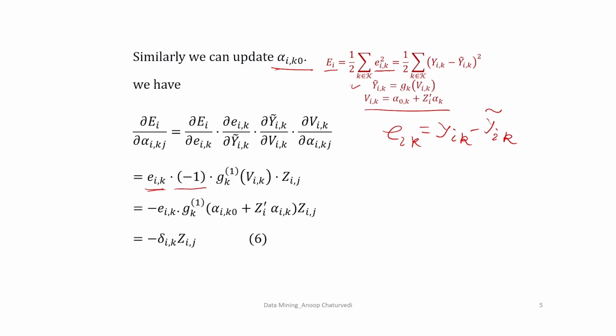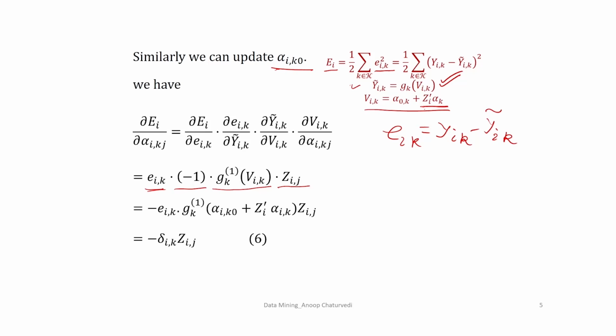Then ∂ỹ_ik/∂v_ik, we use this relationship. So, you get the first derivative of g_k at v_ik, g_k' denotes the first derivative of g_k, and then we differentiate v_ik with respect to α_ikj here, and you obtain z_ij.